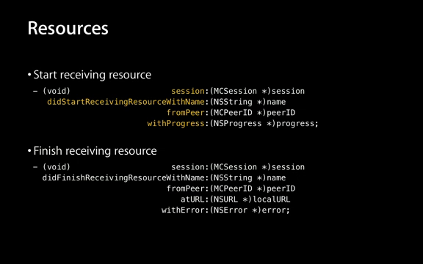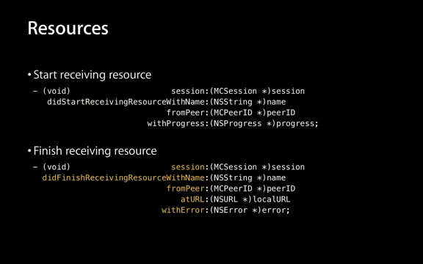And when the framework finishes transmitting the resource, the receiver's delegate will be notified via didFinishReceivingResourceWithName:fromPeer:atURL:withError method. Again, the second parameter will be a name. The third parameter will be the ID of the sender. The fourth parameter will be the URL where the framework saved the resource locally on the device.